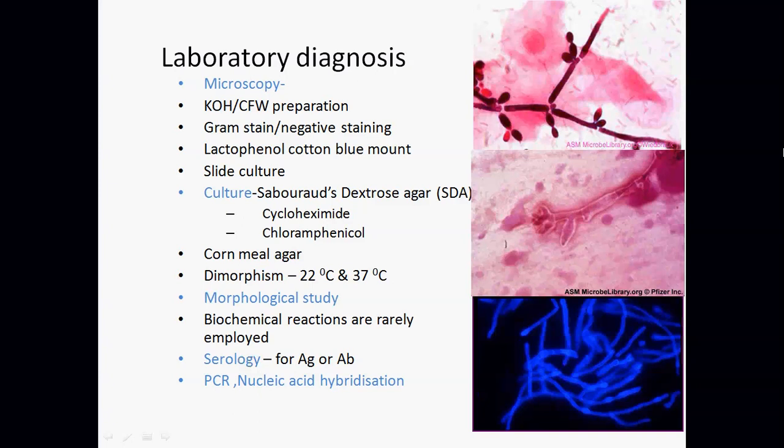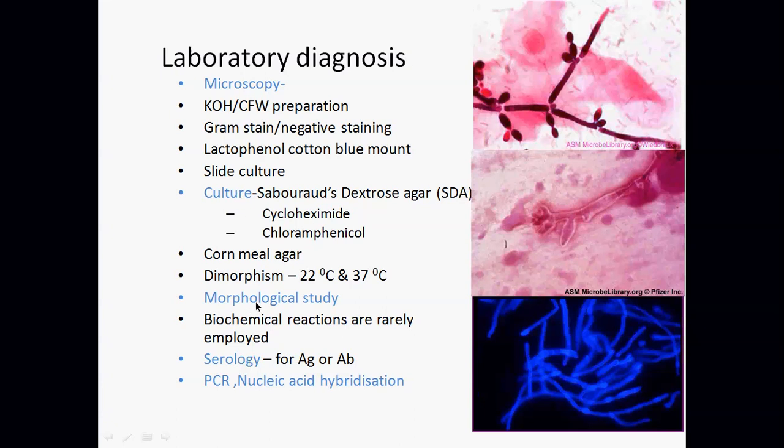Now when we come to the laboratory diagnosis of these fungal infections, we have 4 different diagnostic modalities. First is microscopy, then we can cultivate the fungi on different fungal media.